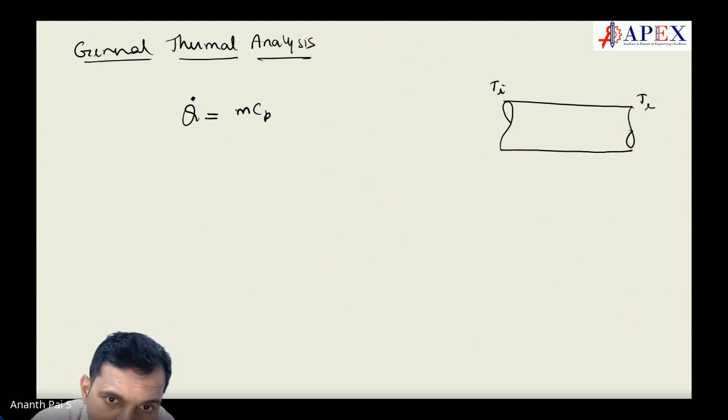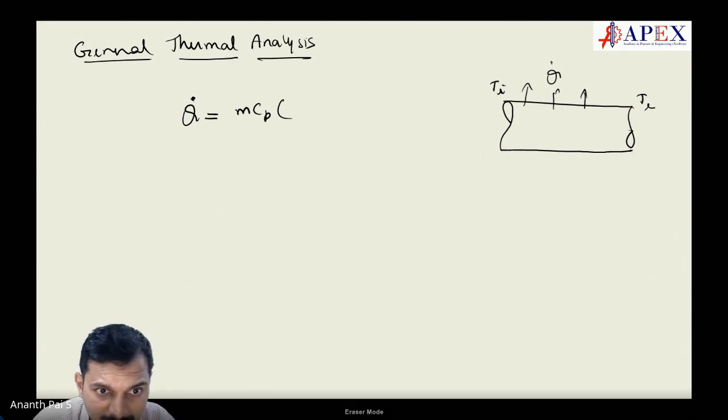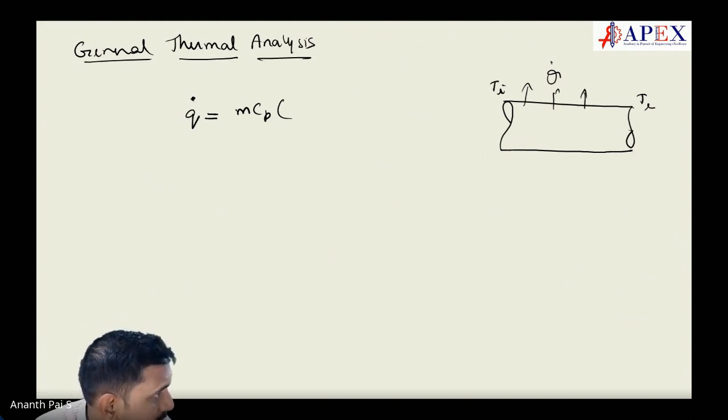Okay, so Q dot, the heat transfer which is happening through the wall side, can be written as Q dot. Wait a minute. No, no, it's Q dot only, capital Q. I'm very sorry.